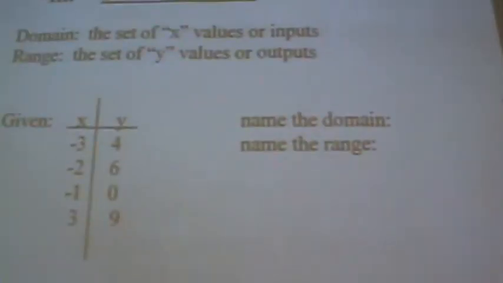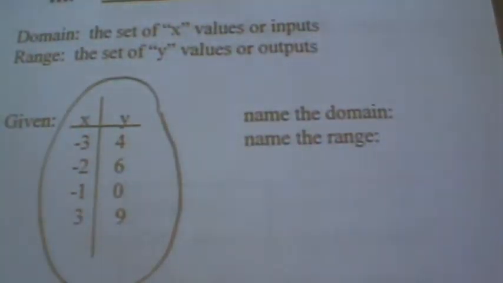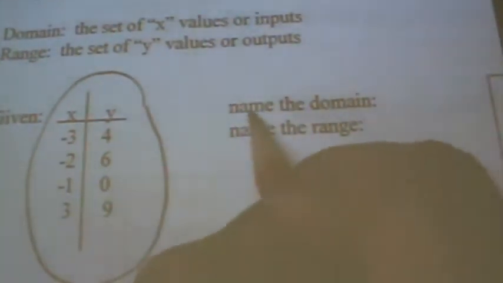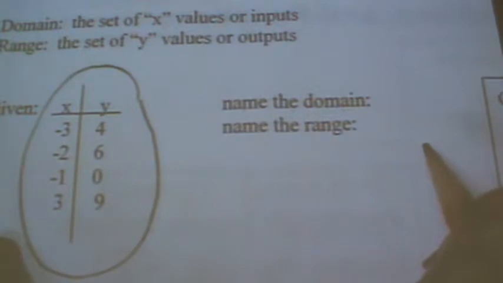Domain and range. Do you guys remember what domain and range are? Domain is your x. An ordered pair is a relation. When you group a bunch of ordered pairs, it could be a T-chart, it could be a set of points, we have a relation. These are all relations. If I give you this relation and ask you to name the domain, how do you do it?